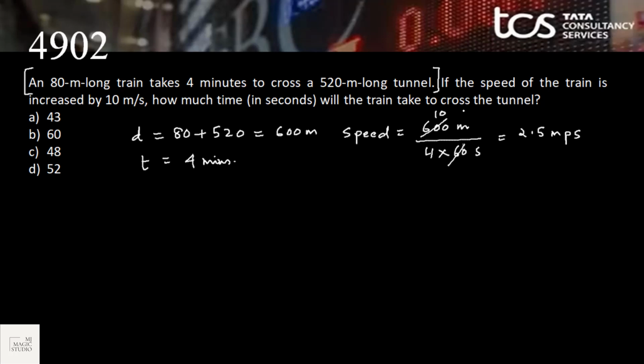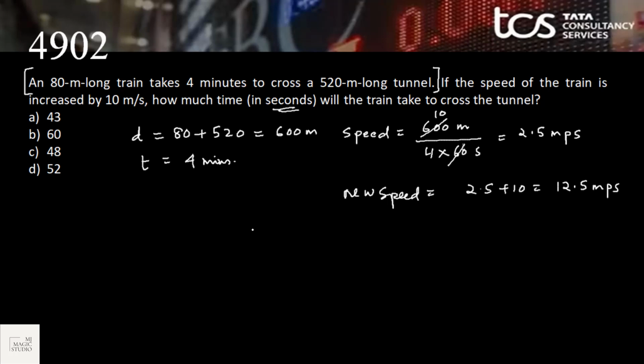The speed of the train is 2.5 meters per second. Now, if the speed of the train is increased by 10 meters per second, the new speed is 2.5 plus 10, that is 12.5 meters per second. Then in how much time in seconds will the train cross the tunnel? Again, the distance is 600 meters. The new speed is 12.5.